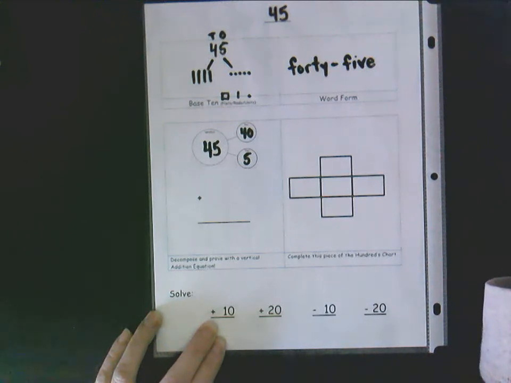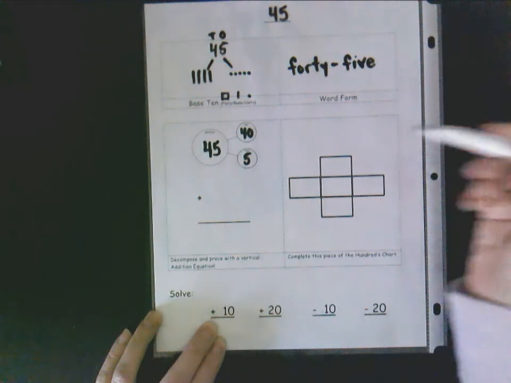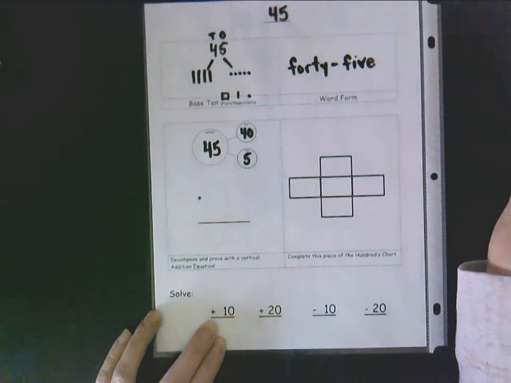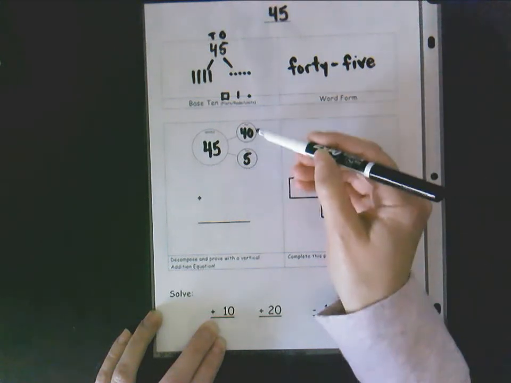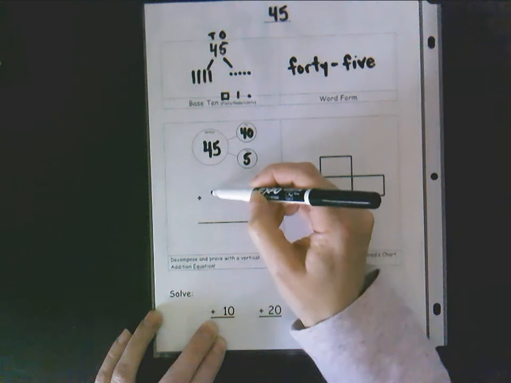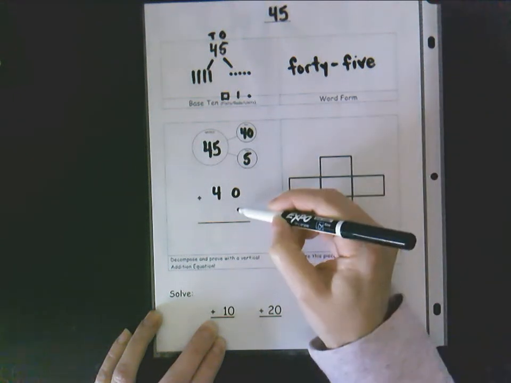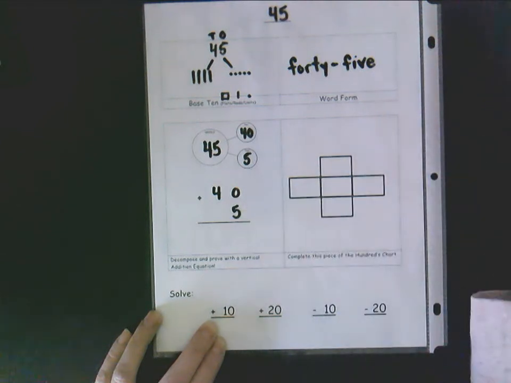But just to make sure that I'm right, I'm going to check my decomposition with an addition problem. My part and my part should add up to my whole if it is correct. So I'm going to add my part and part together. My first part being 40, my second part being 5.